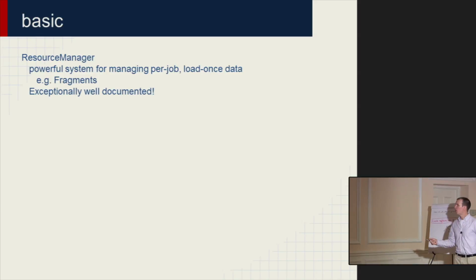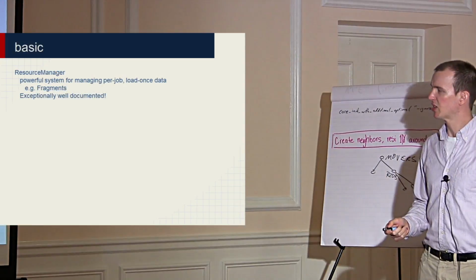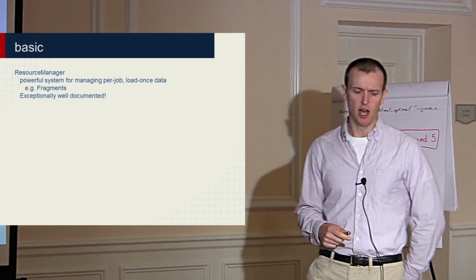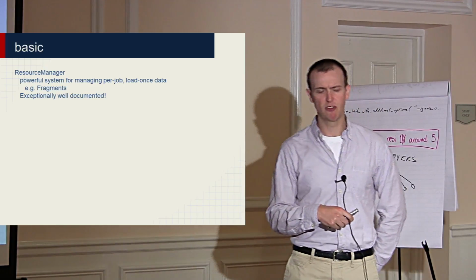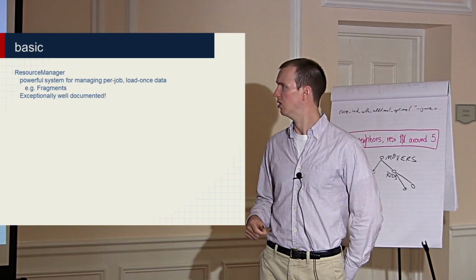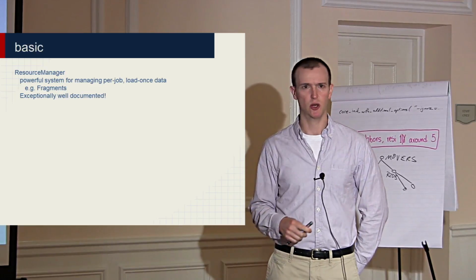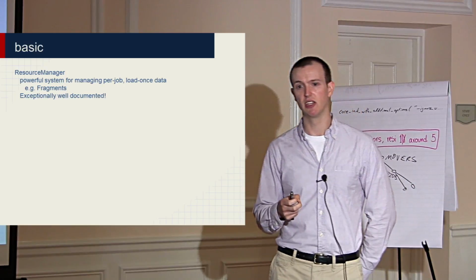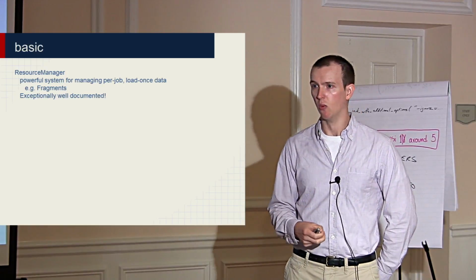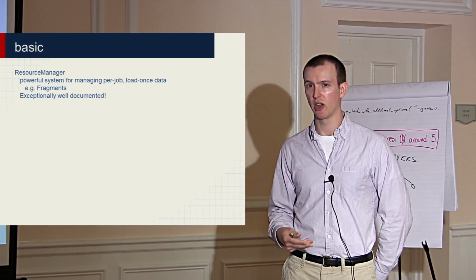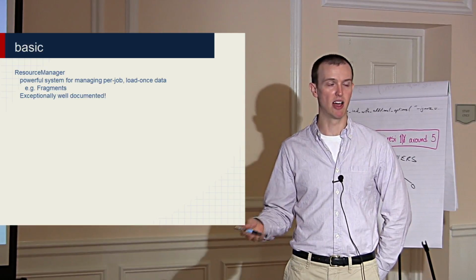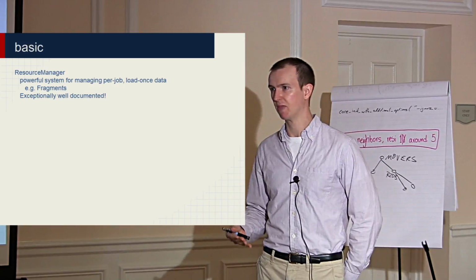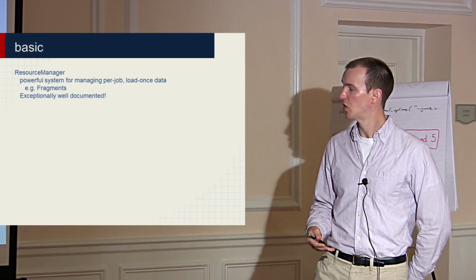Okay, the last part of the basic library I wanted to mention briefly was the resource manager. And what it is, is the system for managing per-job load-once data. So the easiest case to think of is ab initio, where as you're running an ab initio trajectory, you need to read the 3mers and the 9mers in order to insert those fragments into the pose that you're trying to change.